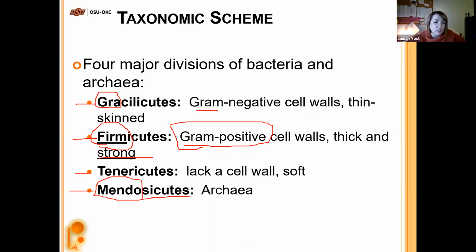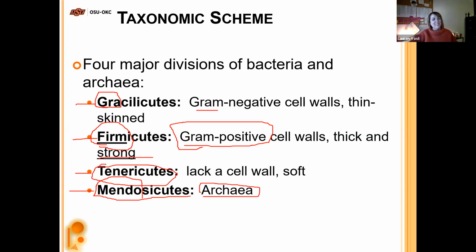So I just think archaic, because I'm old now and very much less naive. But anyways, Joey Mendoza, that's who I think of when I see mendosicutes, and maybe you guys will think of that too. Mendoza, it's old, from the olden days. Archaea, archaic, right?